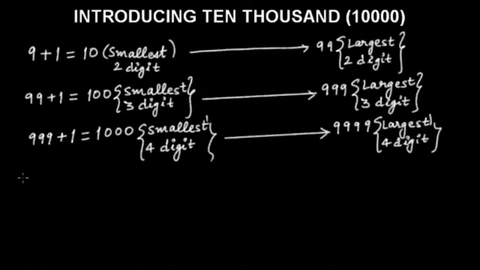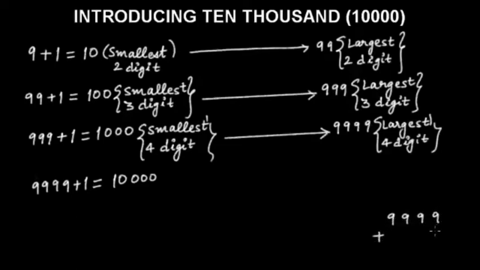Now what if I add 1 to this largest 4-digit number? That is 9, 9, 9 and 9 plus 1 will be equal to 10,000. If you want to see how, then look here. It's 9, 9, 9 and 9.